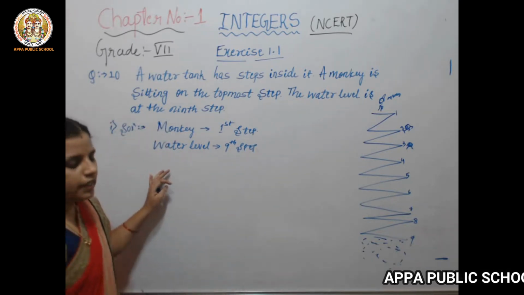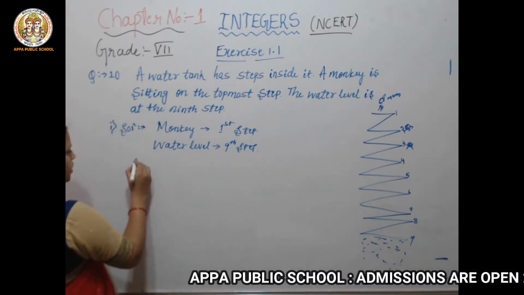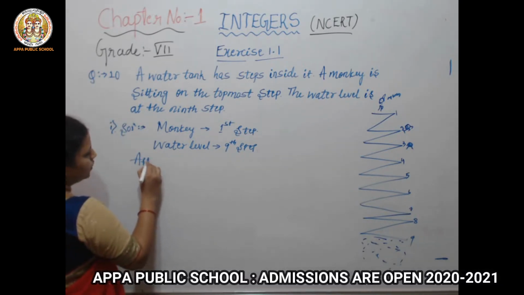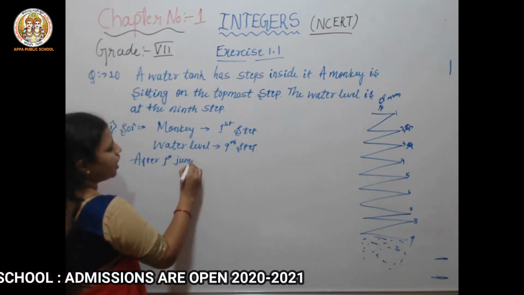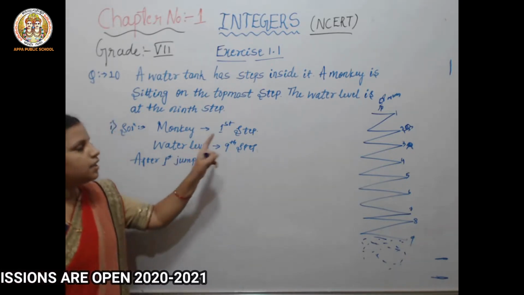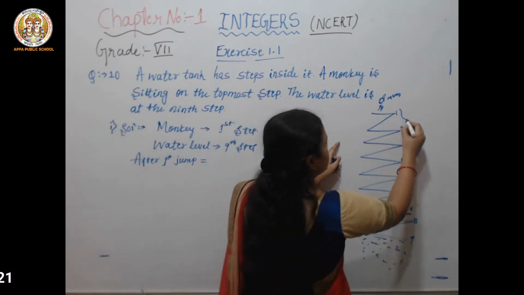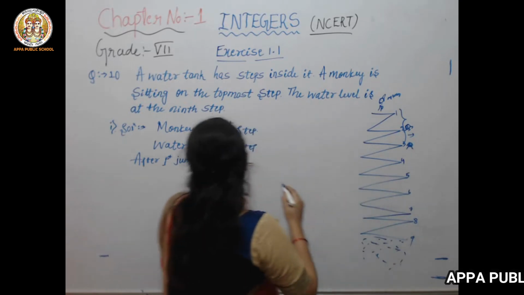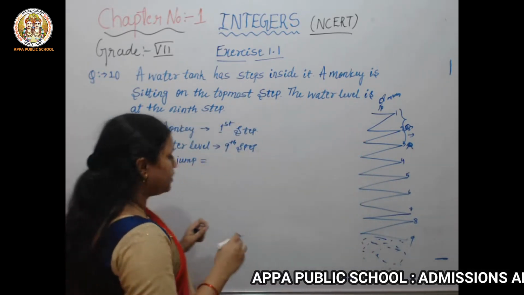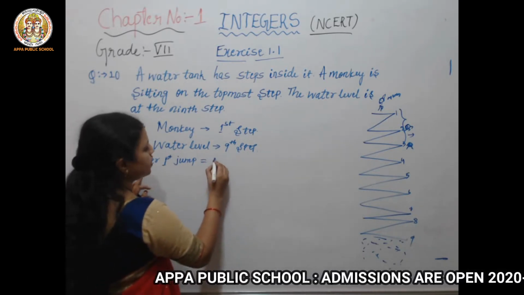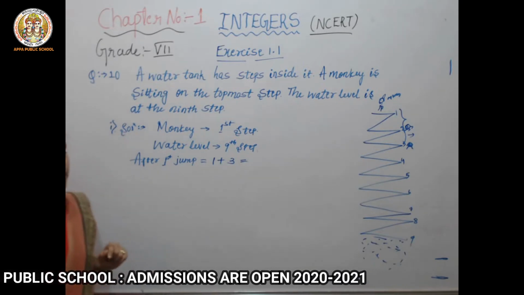Initially the monkey is on the first step. After the first jump, he jumps 3 steps, and we are taking the down steps as positive. So after the first jump we write 1 plus 3. Why 1 plus 3?